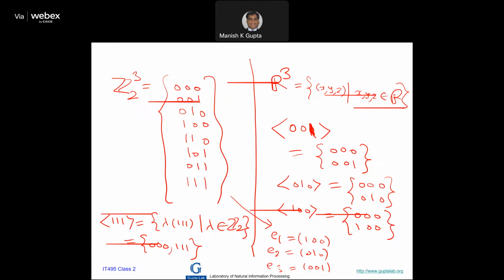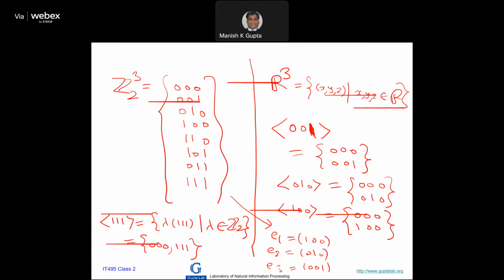If you are looking at Z2^3, you take any two vectors. Combination means what? Scalars are either 0 or 1. If you take lambda 1 times this plus lambda 2 times this, what will happen? Suppose we take these two vectors, 110 and 101, and ask what space they generate. Both are linearly independent; first you need to check that.